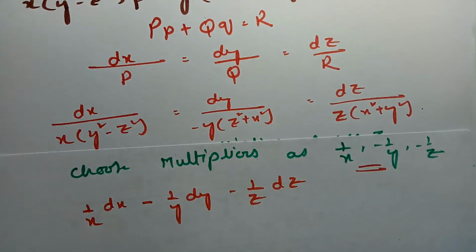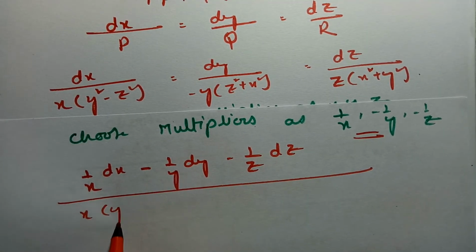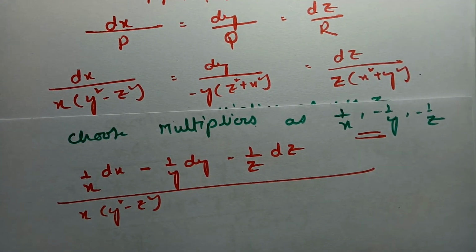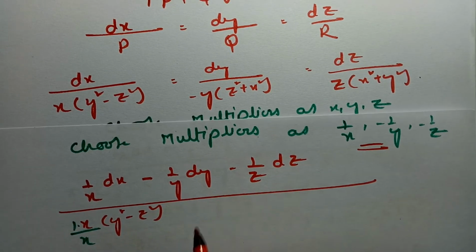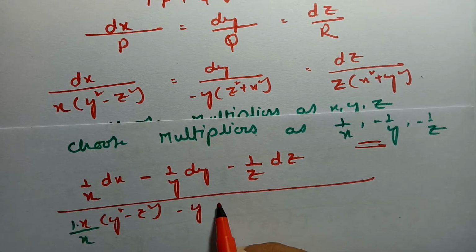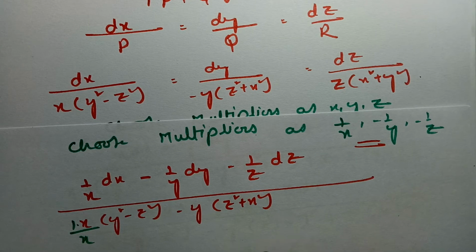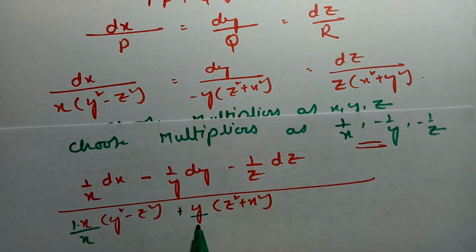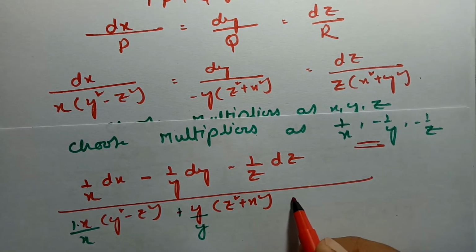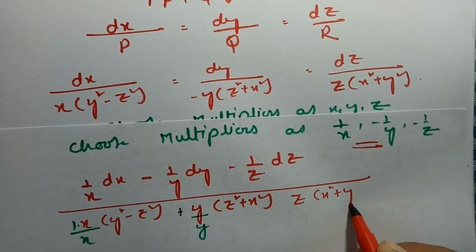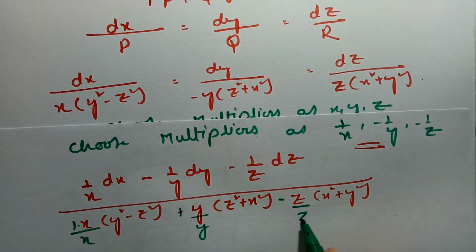For each and every term I have multiplied with the multipliers. See here, x into y squared minus z squared, I have to multiply with 1 by x, the first term. Here it is minus y into z squared plus x squared, the second term I have to multiply with minus 1 by y. And the next one, as you see here, it is z into x squared plus y squared, now I have to multiply this term with minus 1 by z.